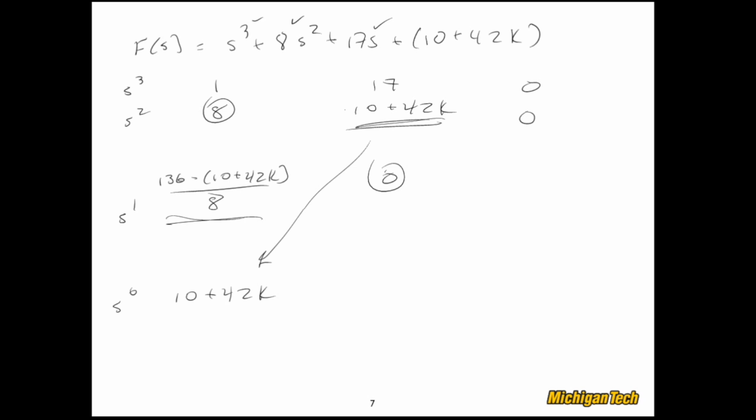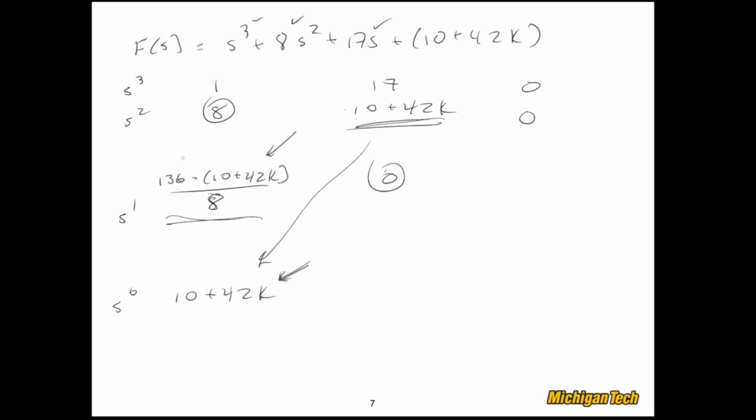Now, for stability, I can have no sign changes. So that means this term has to be greater than 0, and this term has to be greater than 0. I really don't care about this 8 down here, so I just grab the numerator of that and this.